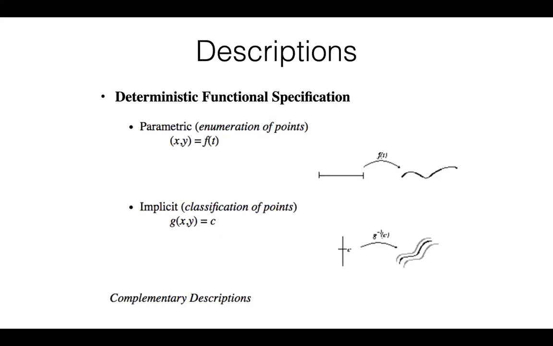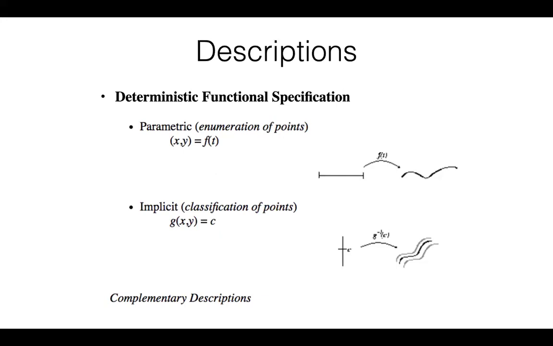So they both describe the shape of this set of points by a function, but they do it in a different way. So the parametric description does it by enumeration of points, and the implicit description does it by classifying points of the space. And in that sense, they are complementary descriptions. So here we see that we have a curve, and this curve is parameterized by a parameter t.